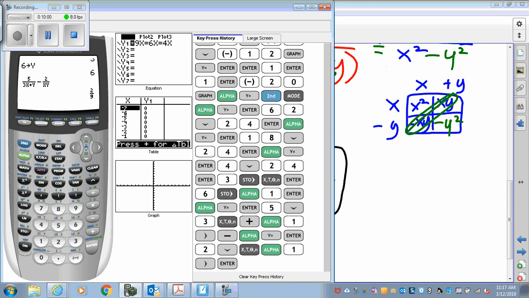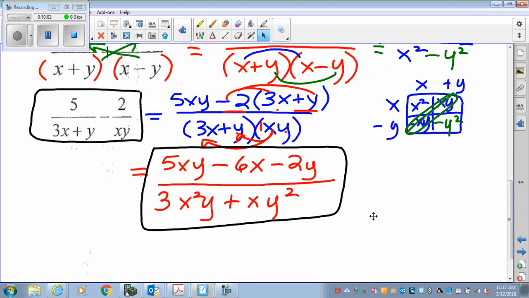Now, if we did it correctly, if we added these correctly, this answer here, the 5xy minus 6x minus 2y, so let's see if I can remember that. Maybe I'll write it down on paper. So I've got 5xy minus 6x minus 2y as my numerator.